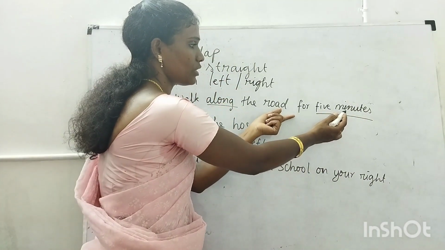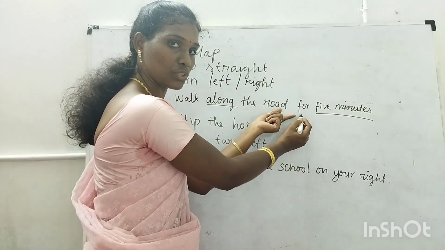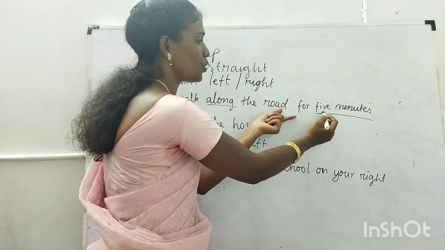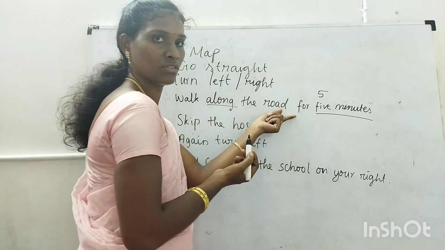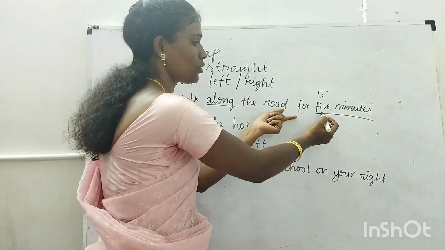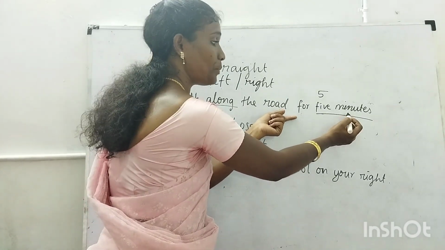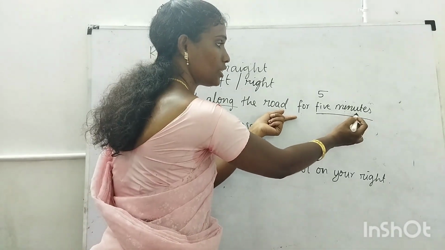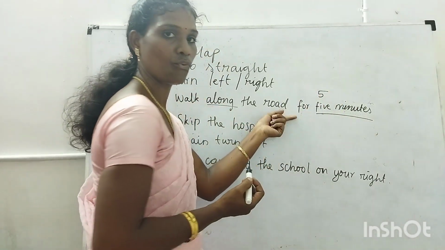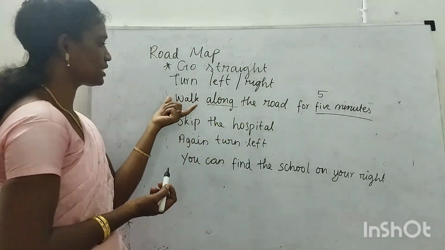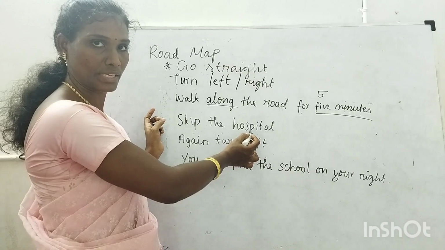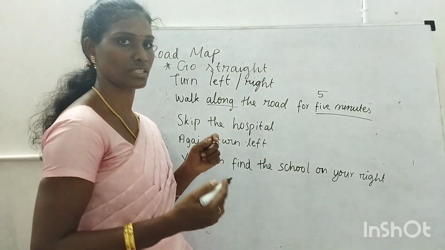Before "minutes" you have to use the preposition "for". Don't mention the number here, 2 or 3 or 4; you have to write the word. Spelling of minutes: M-I-N-U-T-E-S. For 5 minutes. And for the next point, you will find another place there, maybe a shop or a hospital.